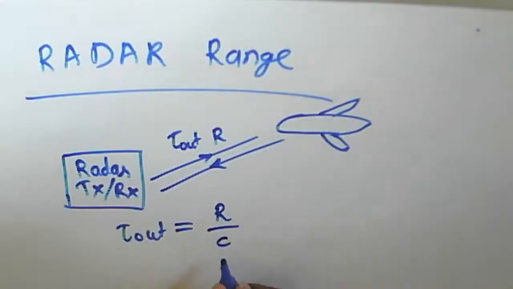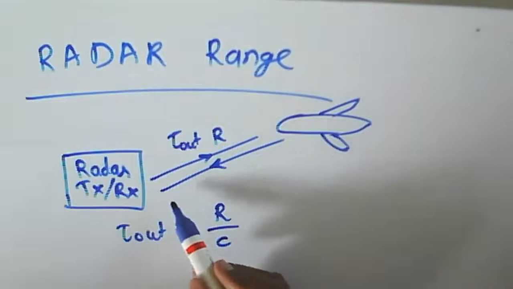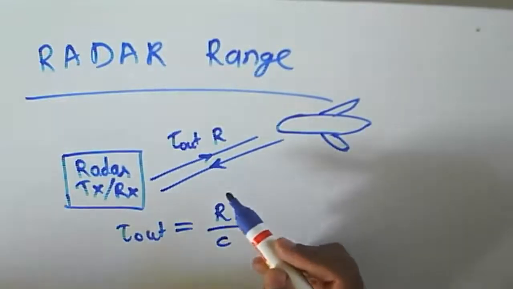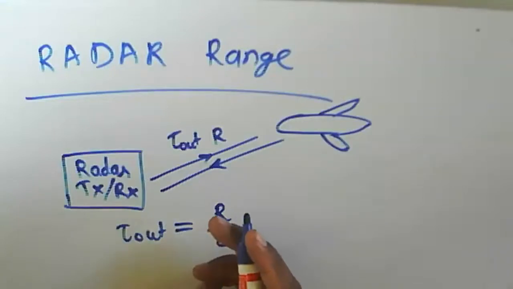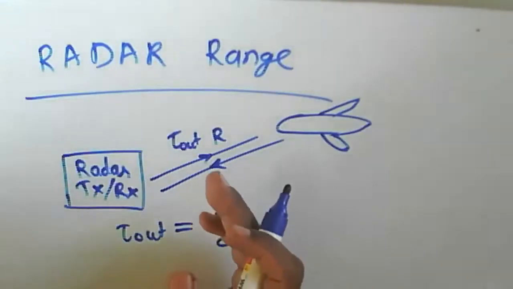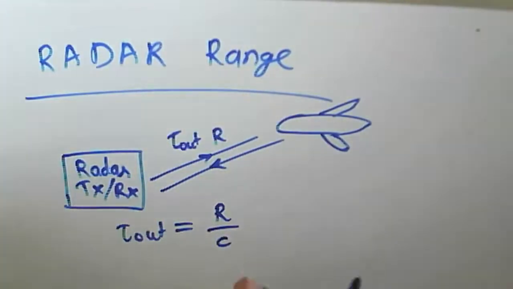It is defined in terms of R by c. What is the time required for the transmitted pulse to travel to a target at a distance of R? We need to know the speed of the pulse. RF energy, or electromagnetic energy, travels at the speed of light, so that is c.